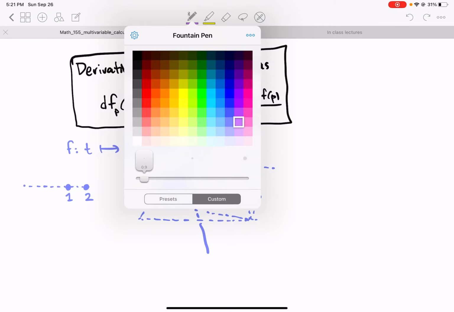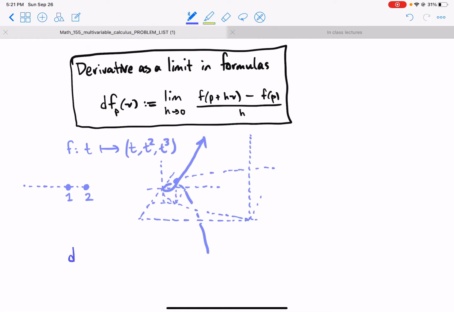Okay, now let's calculate the derivative of this f at the point P in the direction V. So we're going to calculate it as a limit, where we take P to be literally the point 2, and V to be the vector E1.